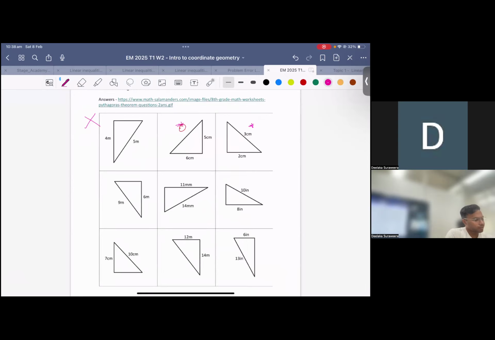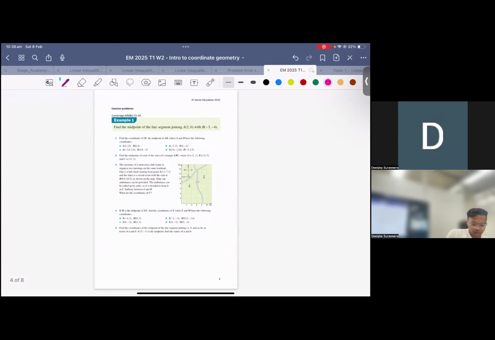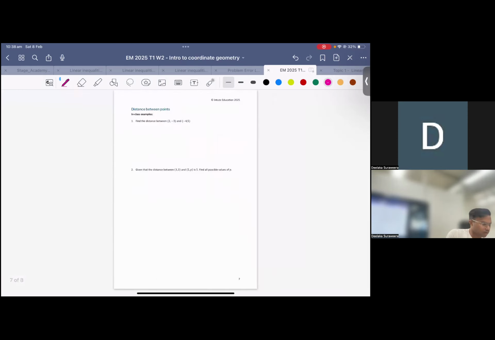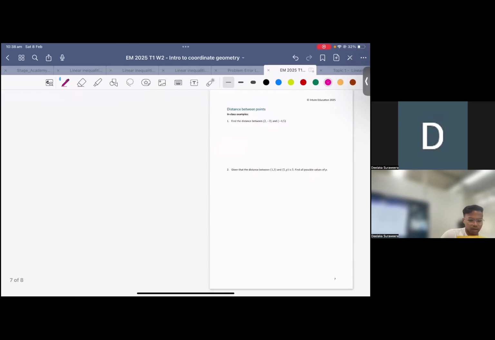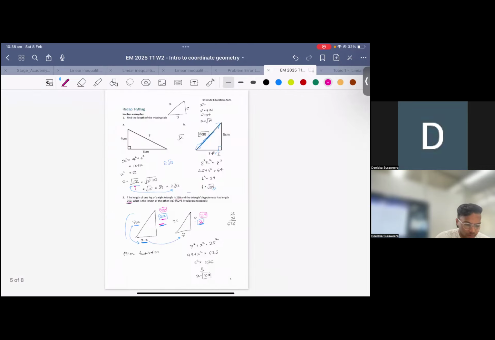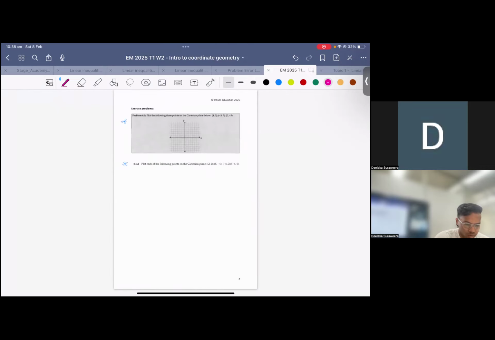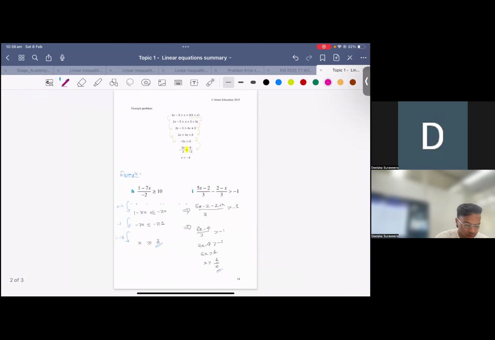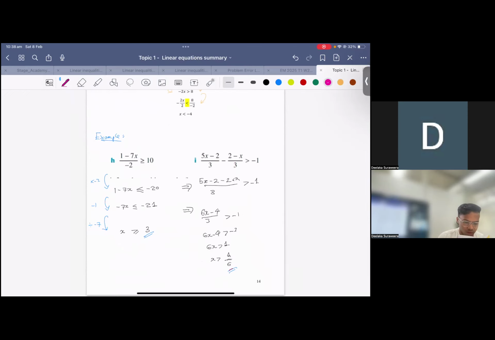All right. What did I do wrong? I think it's negative 5x. It's in the linear inequalities.